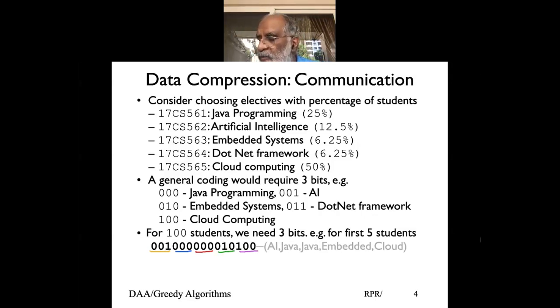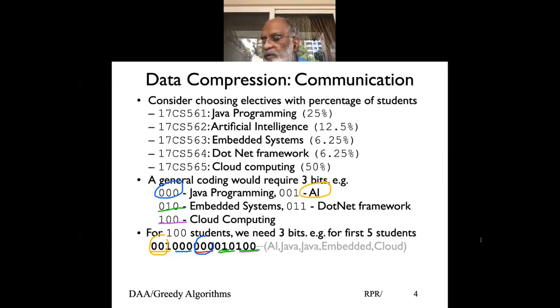We can clearly make out that 0, 0, 1 corresponds to AI, 0, 0, 0 corresponds to Java programming, 0, 0, 0 again corresponds to Java programming, 0, 1, 0 corresponds to embedded systems, and 1, 0, 0 corresponds to cloud computing.